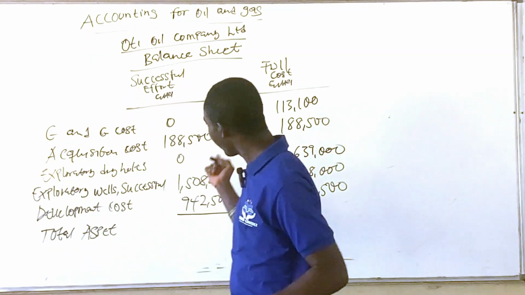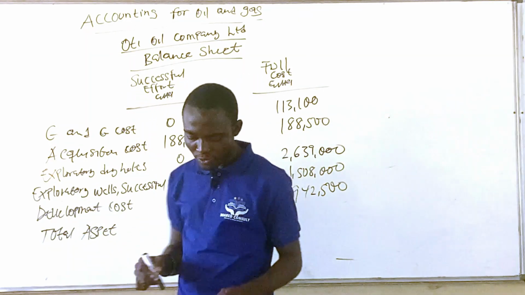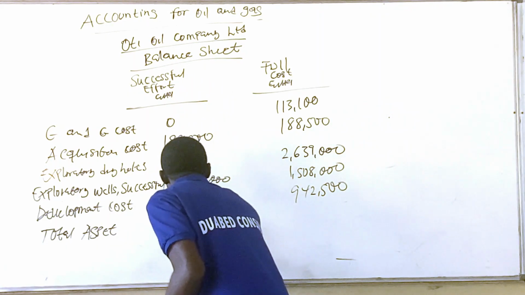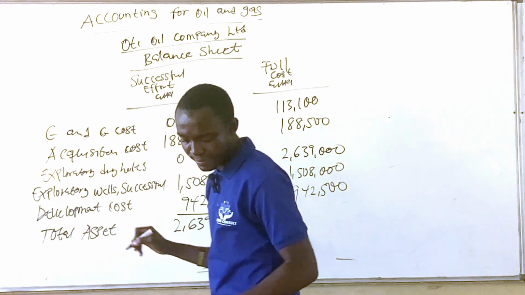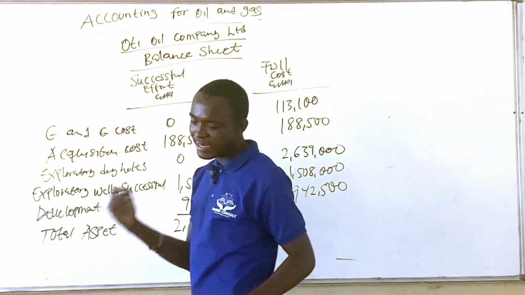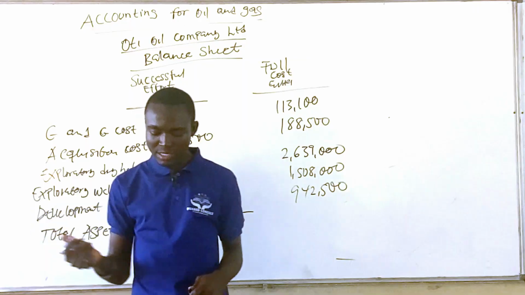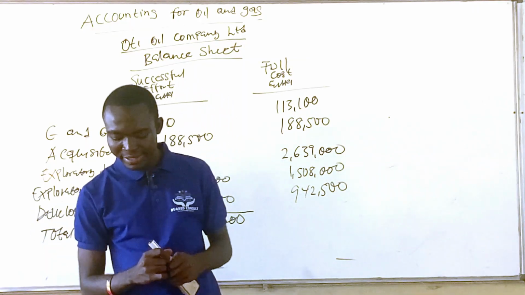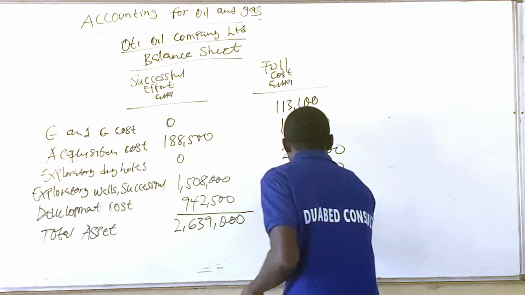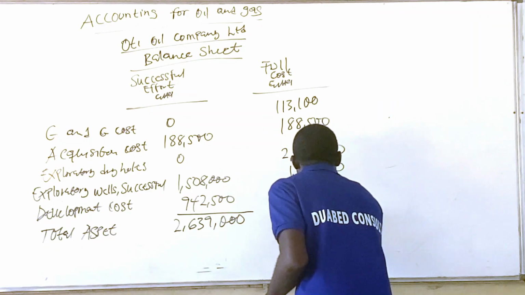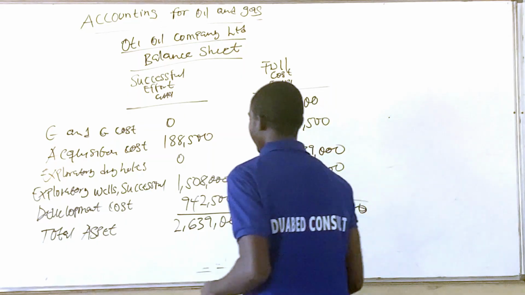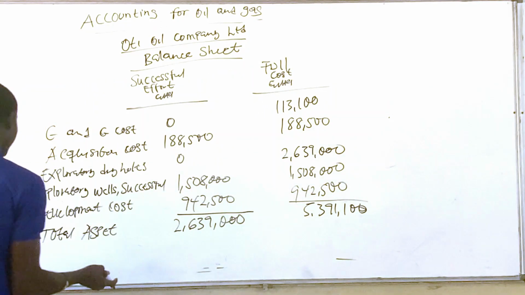So total assets for successful efforts will be 2,639,000, and that of full cost will be 5,391,100. So these are our total assets.